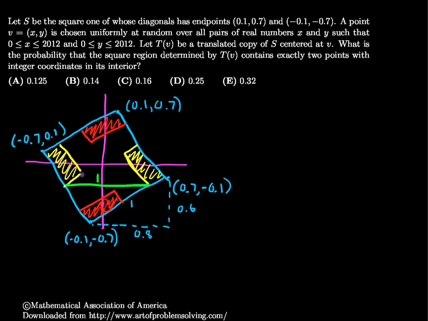Because of the slopes causing similar triangles, if this is 1, I need to have a length of 0.6 and a length here of 0.8.